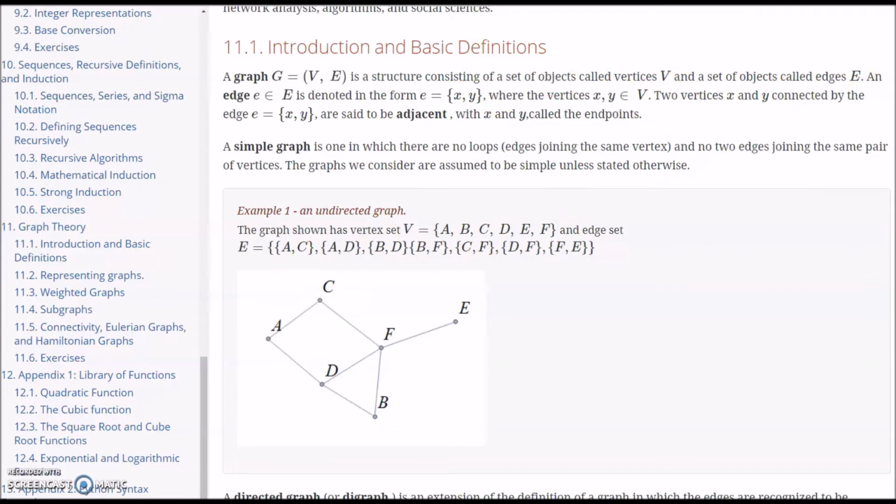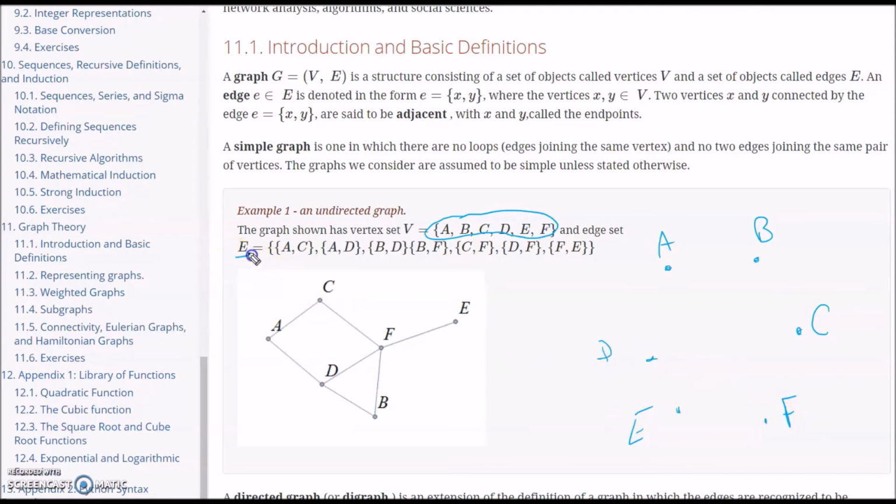So the vertex set is given by A, B, C, D, E, and F. Notice there's a picture right here of the graph. I'm going to draw the same graph, but a little bit differently, because I want to show you that graphs can have more than one representation. So there's A, B, I'm going to put C here, D, E, and F. So there are my vertices.